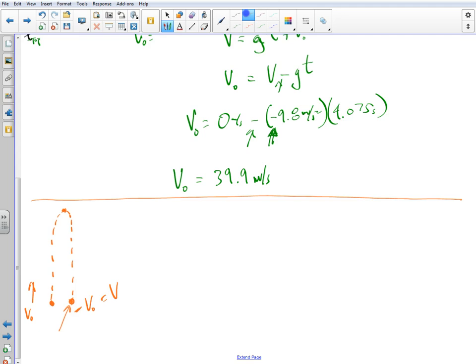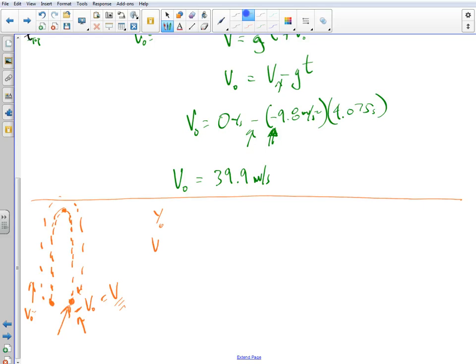Coming back down to here, when it launches, its VO is whatever. When it gets back to that height, when it's at that final velocity, since it's right back at the same height and it lost all of its speed and then gained it all on the way back down, it's going to have the same speed except different direction, going downward.